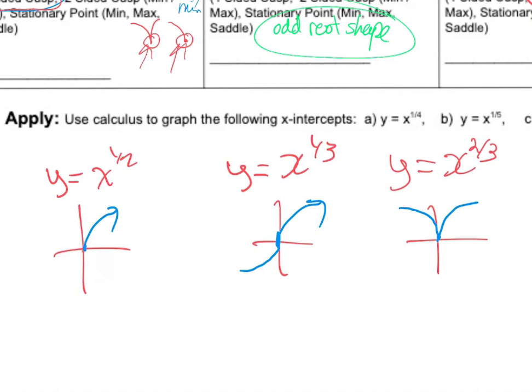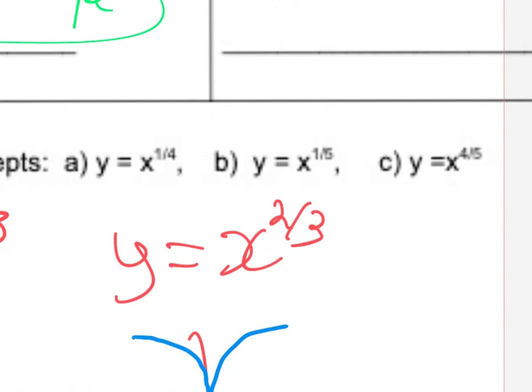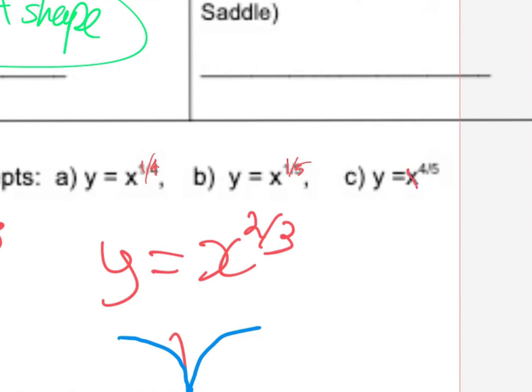Otherwise they are different, and you can tell just by checking the derivative on either side of the x-intercept. Now, what I would suggest you do right now is more practice. The practice I'd like you to do is x to the 1/4, x to the 1/5, and x to the 4/5.